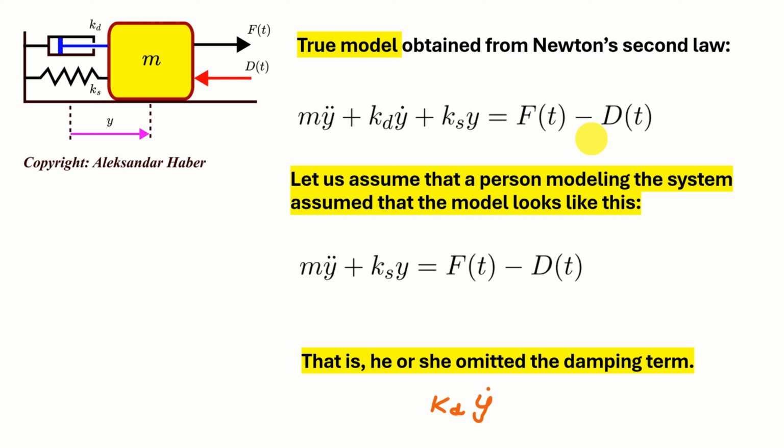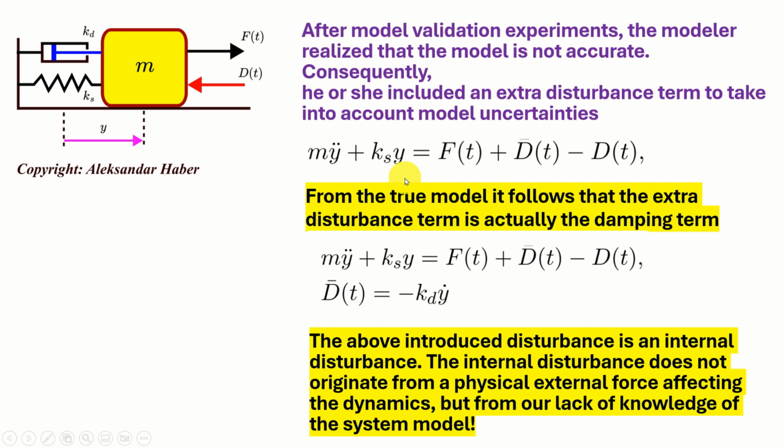That is, the person modeled the mass, modeled the spring, modeled the external force, and modeled this disturbance d of t. However, this person omitted the damping term. That is, he or she omitted this term over here.